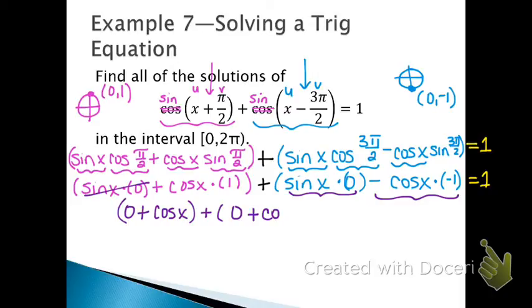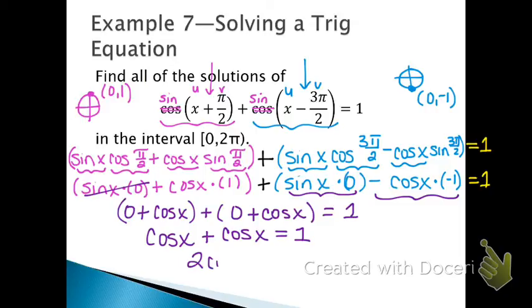I'm just going to make it plus cosine of x. And it's equal to 1. Then 0 plus cosine is cosine. Plus 0 plus cosine is cosine equals 1. And cosine plus cosine is 2 cosine of x equals 1.